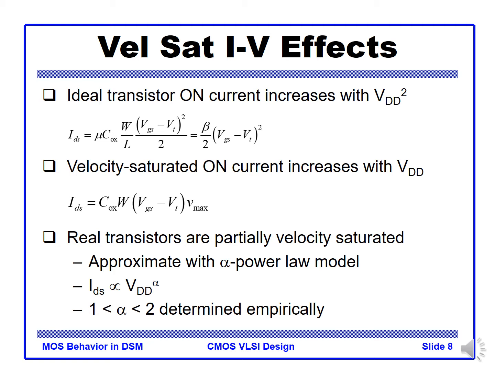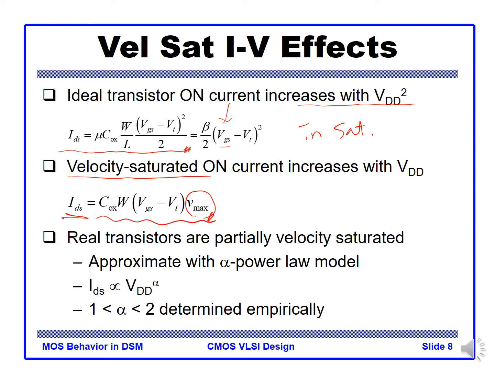In the conventional square law device model, the IDS in saturation is defined by this square equation. If you apply VDS and VGS, VDD and VGS, then we know the on current increases proportionally to the square of VDD. But once the velocity is saturated, the actual current equation is defined like this: the maximum velocity limits the current between drain and source.